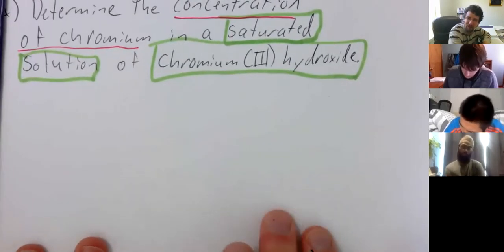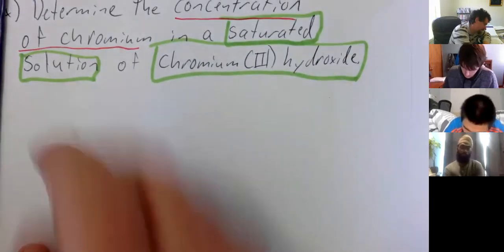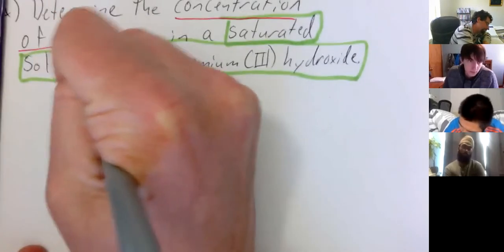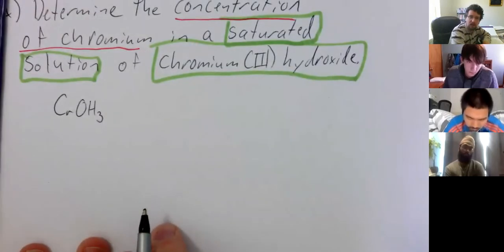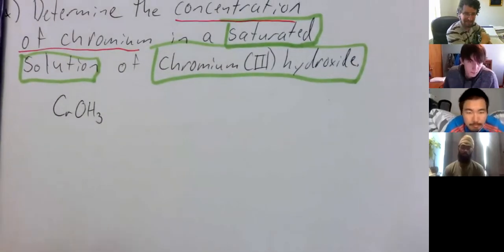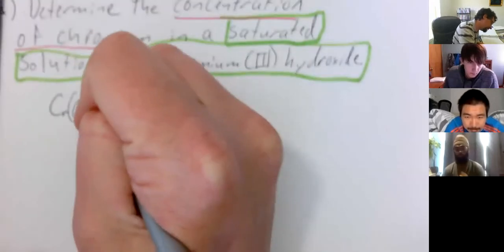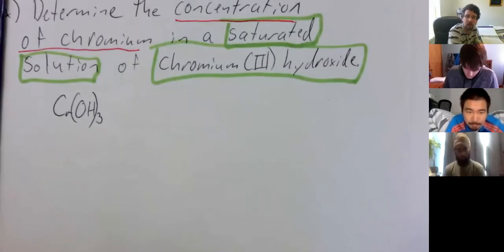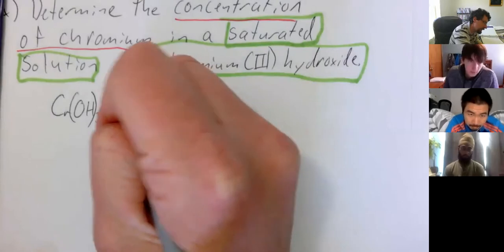Bringing you back to Gen Chem 1. Cr(OH)3. Yep. Wait, isn't hydroxide one thing? Yep. So what am I missing? The parentheses. Yeah, I need parentheses here. There we go. Okay, and it's dissociating.